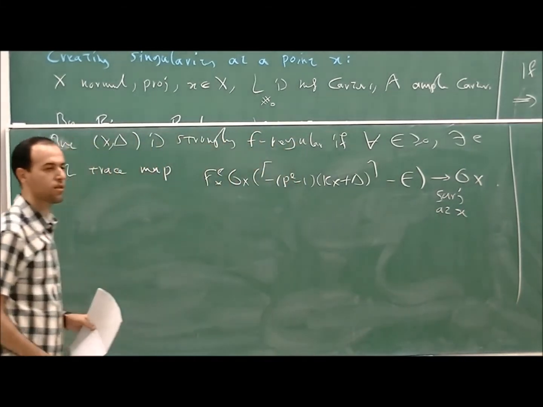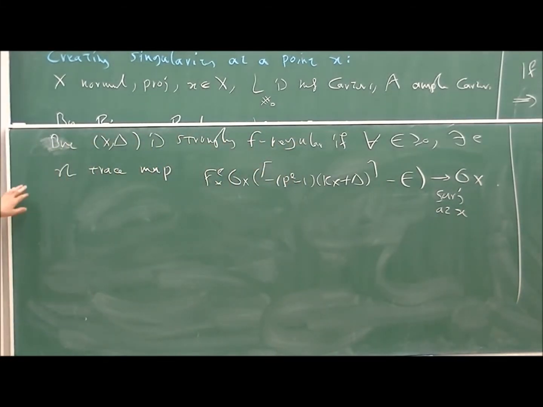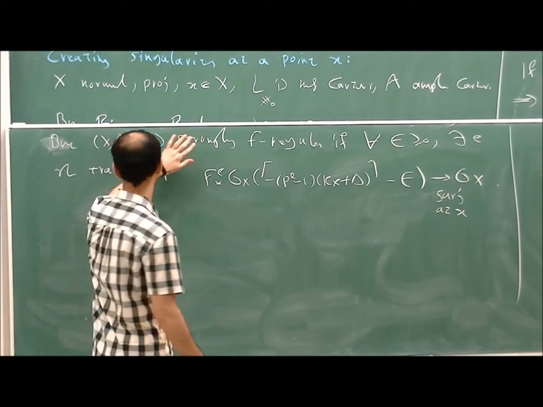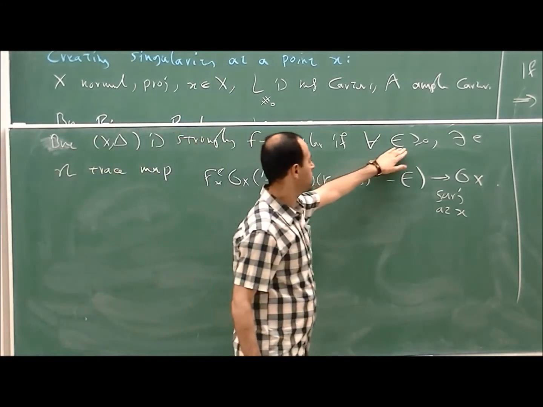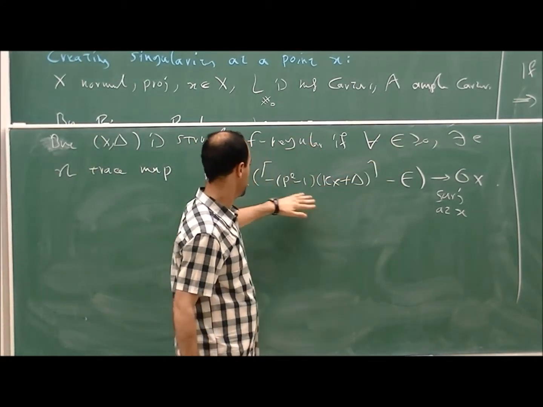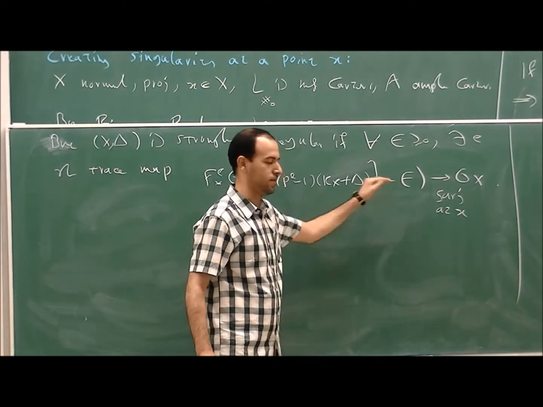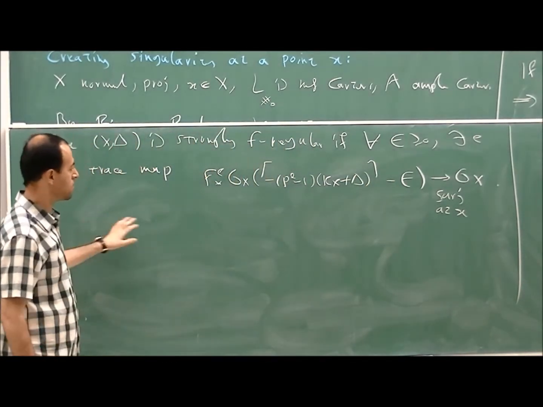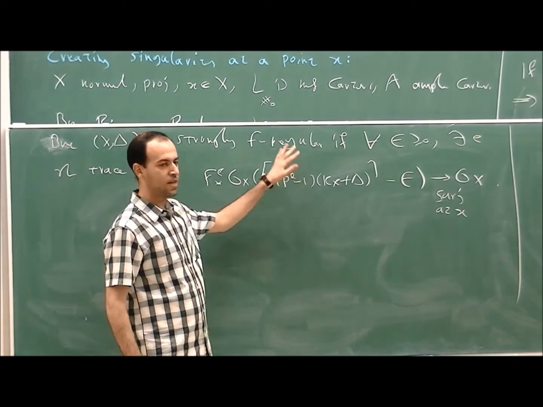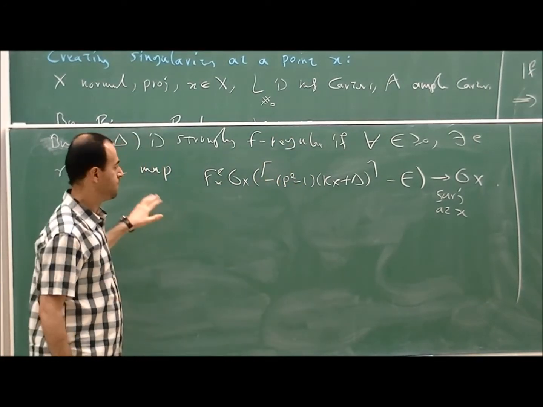So you must have surjectivity of the trace map precisely again at that point, but this is a bit stronger than sharply F-pure because you are also adding. So here in this picture you are removing also something. So in other words, you have surjectivity of the trace map even after you remove something.